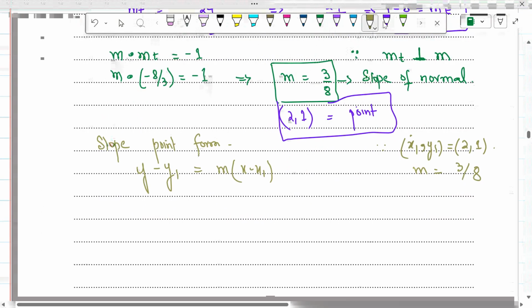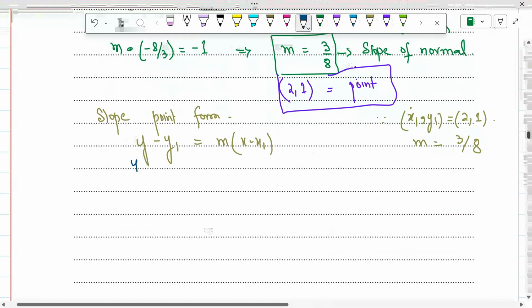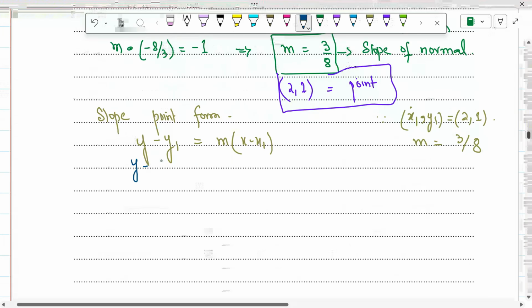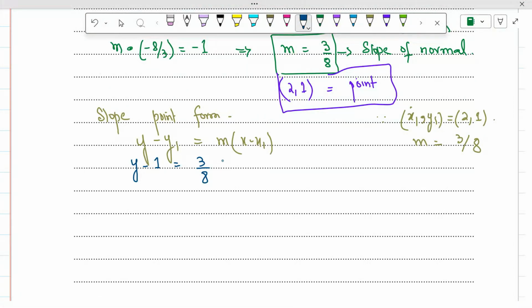So plugging in these values, we have y minus 1 equal to 3/8 times x minus 2.